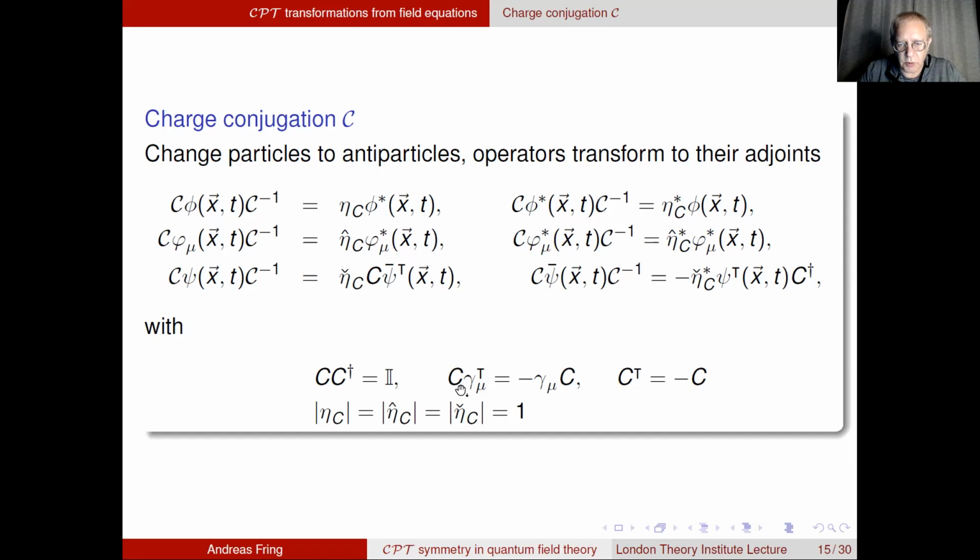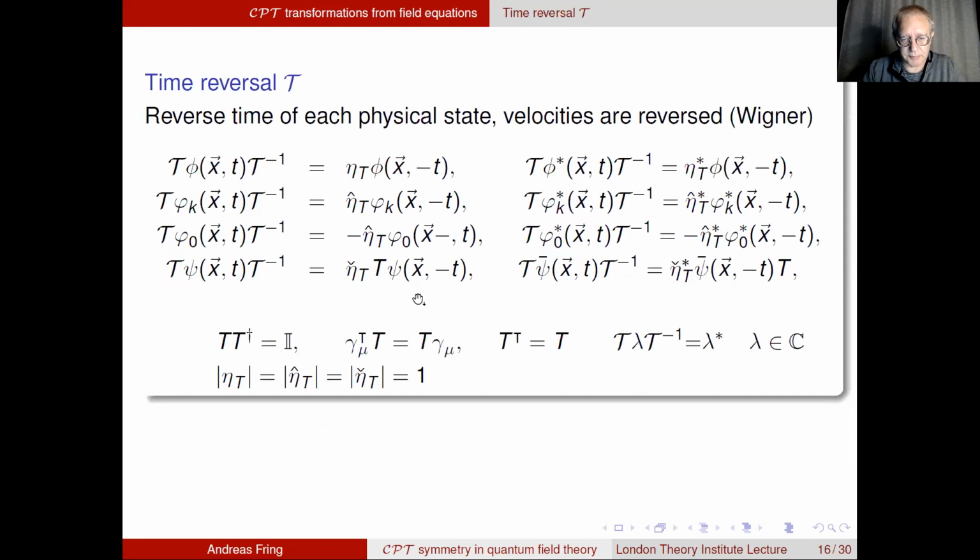And when you multiply gamma mu from the right, let's look at this equation, and then you get minus C gamma mu transpose, or whichever way you want to read this equation. And combining these properties, we also find that the transpose of C is minus C. And for similar reasons as before, these constants we multiply with, they all have modulus 1.